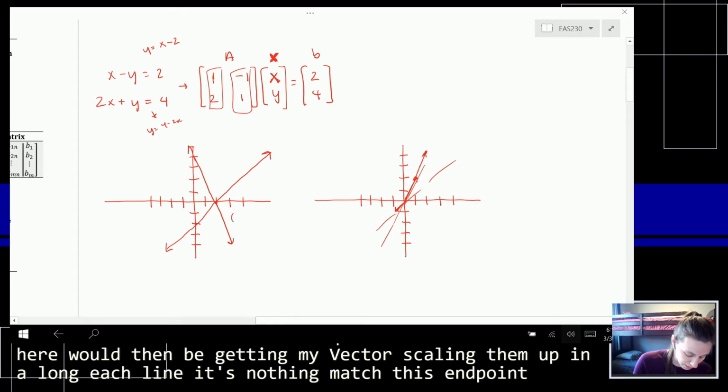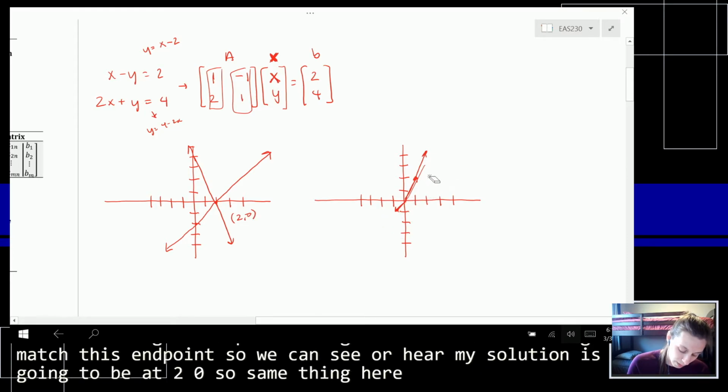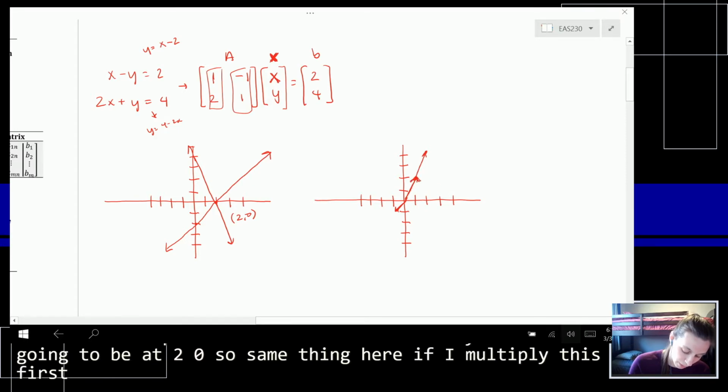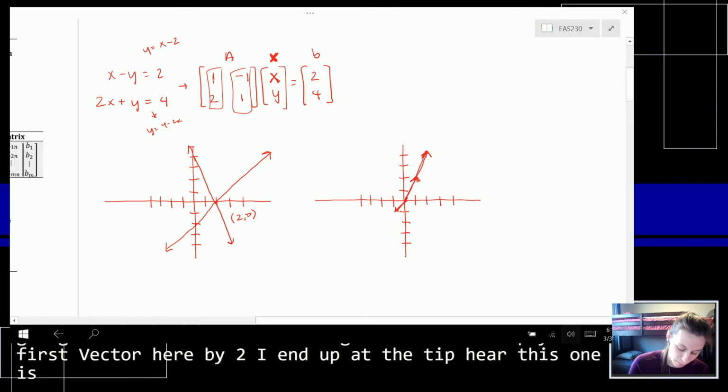We can see my solution is going to be (2, 0). So if I multiply this first vector by 2, I end up at the tip here. This one needs to be multiplied by 0. It's not the best illustration.